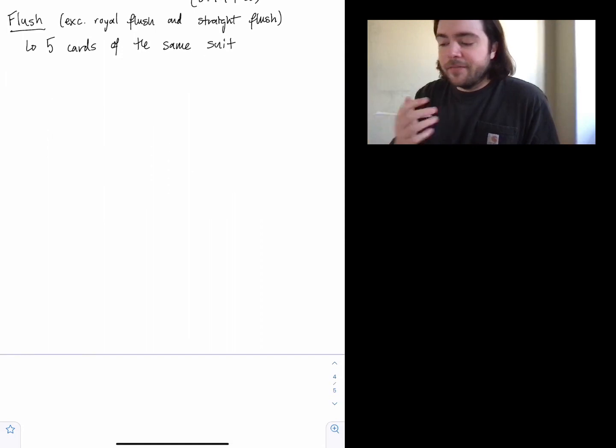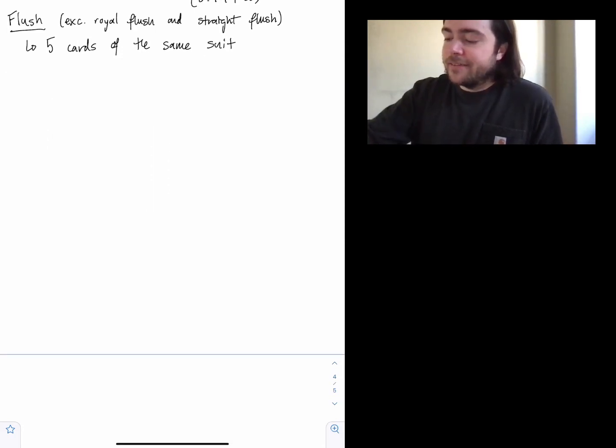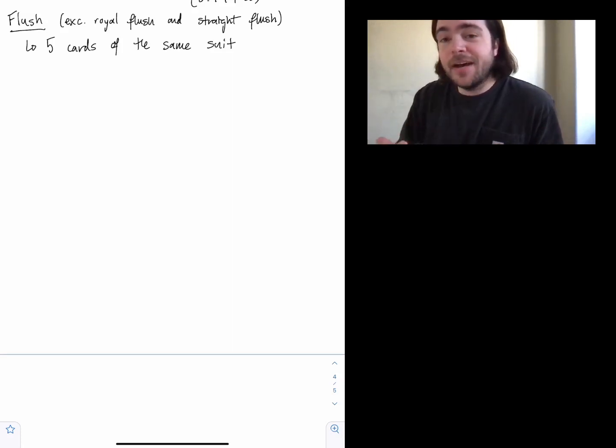Well, let's again think about values and suits, right? So I need 5 cards of the same suit. Okay. So if they're all going to be of the same suit, can they ever have the same value? Well, no, because if they had the same value and the same suit, they're the same card.